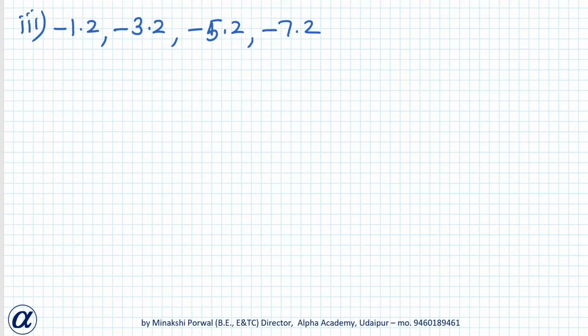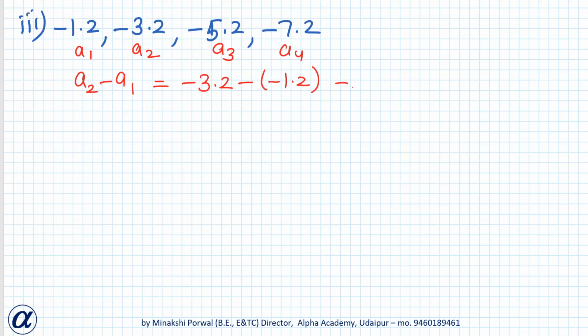Then the third part: minus 1.2, minus 3.2, minus 5.2, minus 7.2. This is A1, A2, A3, A4. First step is A2 minus A1, that is equal to minus 3.2 minus of minus 1.2, that is minus 3.2 plus 1.2.